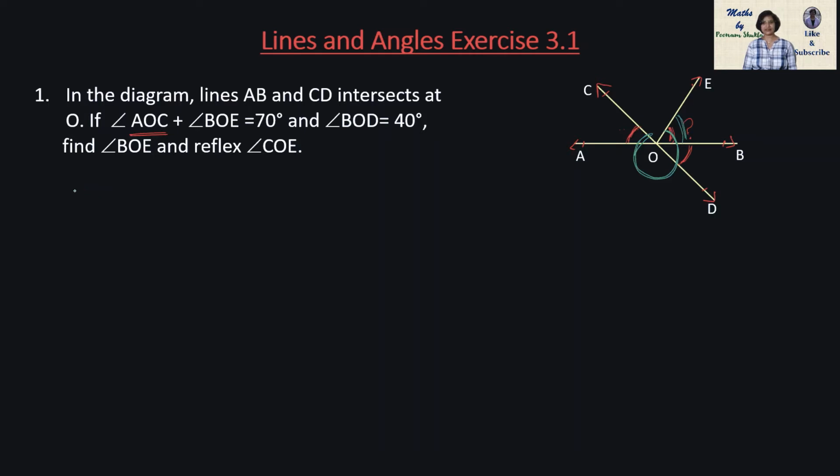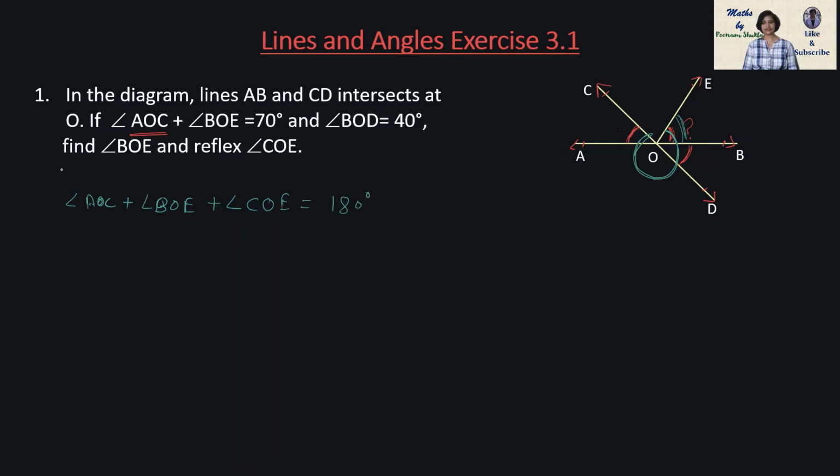The straight line AB says angle AOC plus angle BOE plus angle COE equals 180 degrees.